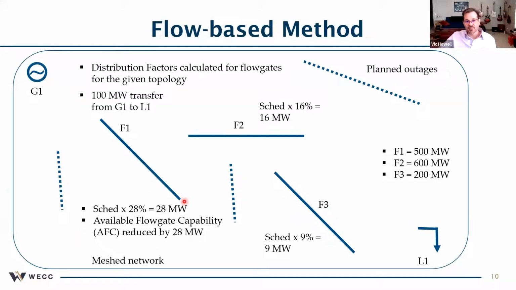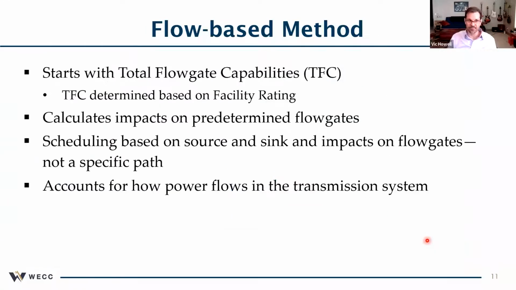So if any of these flow gates reach their capability that cannot accommodate that additional move of power, then the transfer capability from G1 to L1 would be 0. So that's the idea. So in a flow-based method, it starts with total flow gate capabilities once you define those flow gates. And there's sensitivity methods and all kinds of methods that folks use to determine which flow gates I need to create.